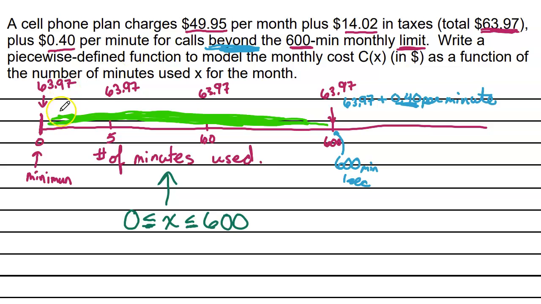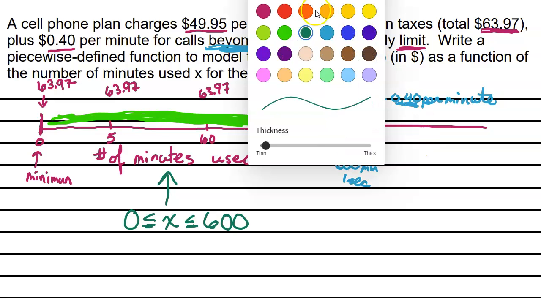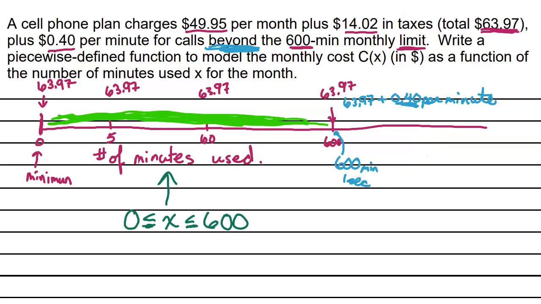We can equal 0 because we can never use the cell phone that month, or we can stop right at 600 minutes and still be charged the $63.97. Anything over that, on this other area over here, is if x is greater than 600 minutes. Those are our domain restrictions that we have.